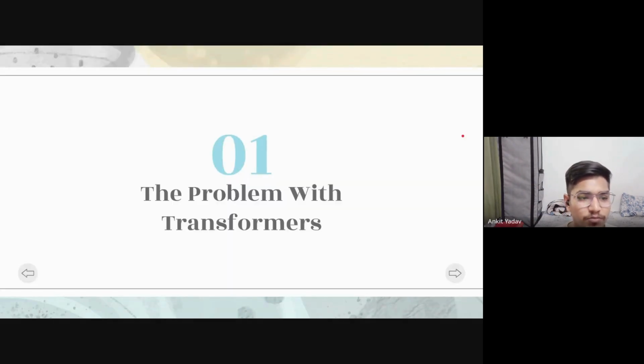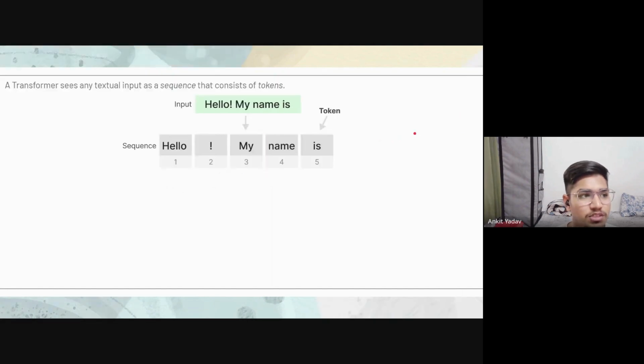Let's start with the problem with the transformer. A transformer looks at a sentence as a sequence of tokens. Using some tokenization technique, maybe basic white space division or another technique, it splits a sentence into discrete inputs, as visible here.